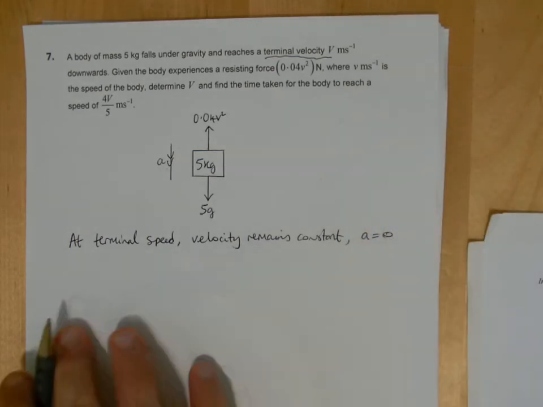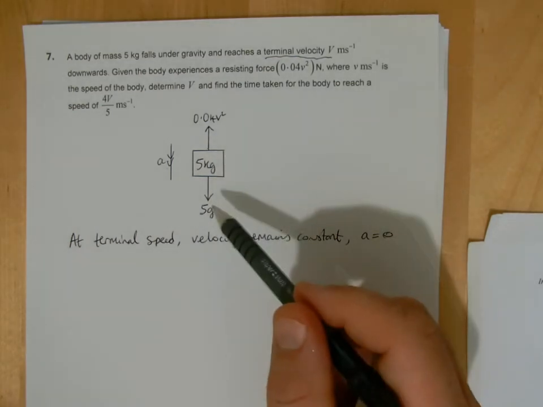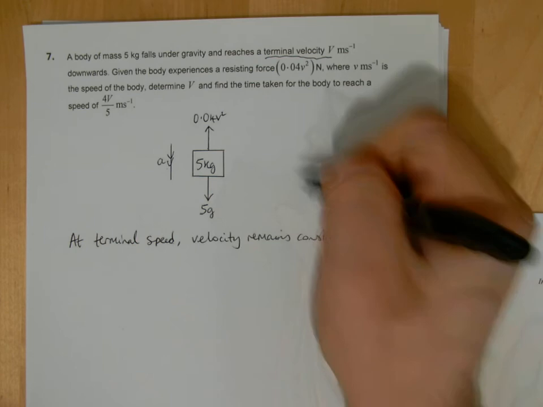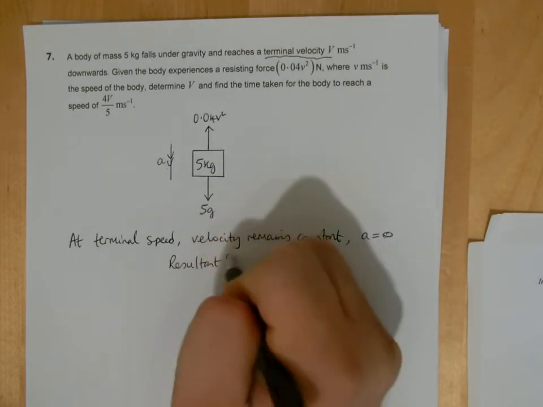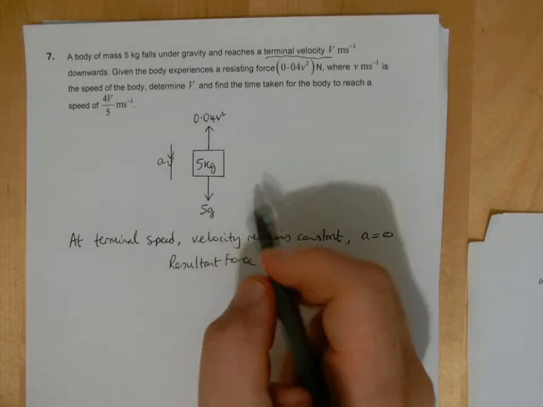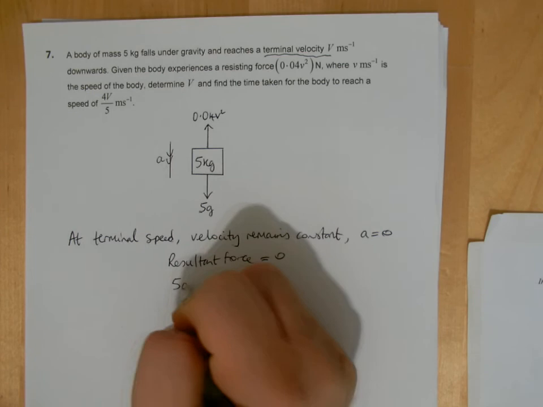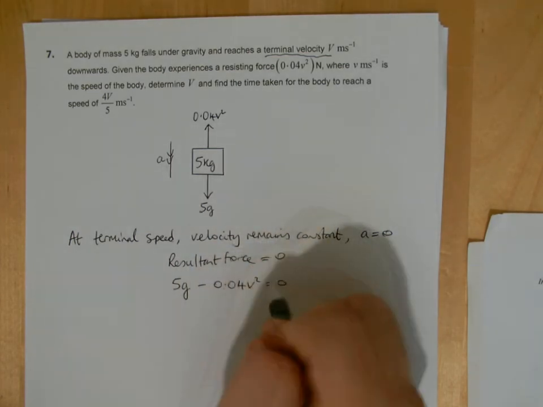Now if the acceleration is 0, when you apply Newton's second law, the resultant force will equal 0. Which means you've got the 5g, take away the 0.04 v squared, will equal 0.